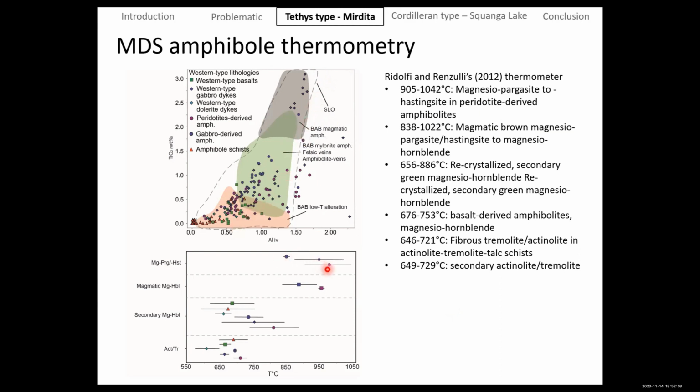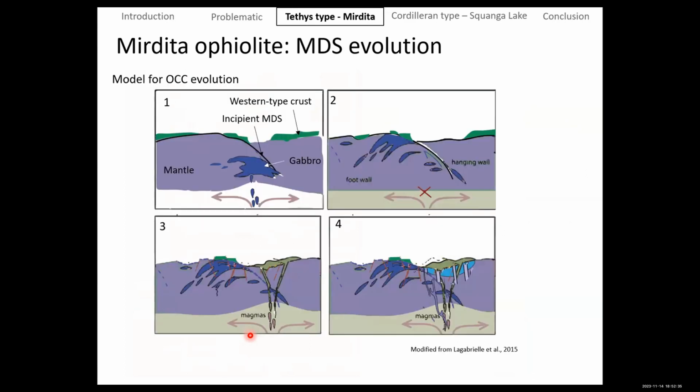What we see is that we do have some magmatic amphiboles, and they're gradually overprinted and recrystallized to secondary magmatic hornblende and eventually to actinolite-tremolite, as we saw in the schist. So this is consistent with exhumation along the Meridita detachment system. And obviously I'm not showing here all the textures that we've seen, but we do see overprinting relationships between all these amphiboles.